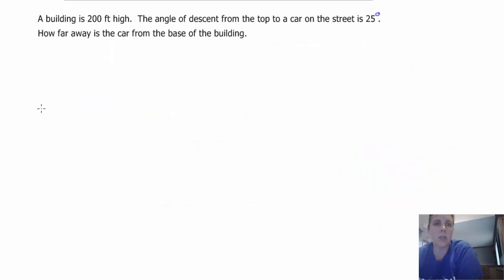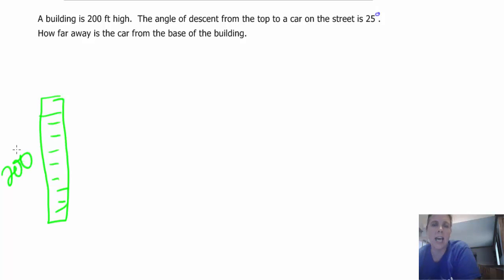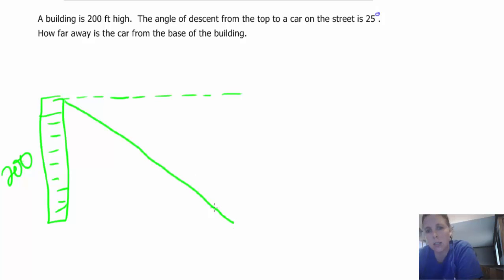A building is 200 feet tall. So here's our building. It's 200 feet tall. The angle of descent from the top of the building, so remember we have to start with the horizontal, to the car, so here's my awesome car, is 25 degrees.